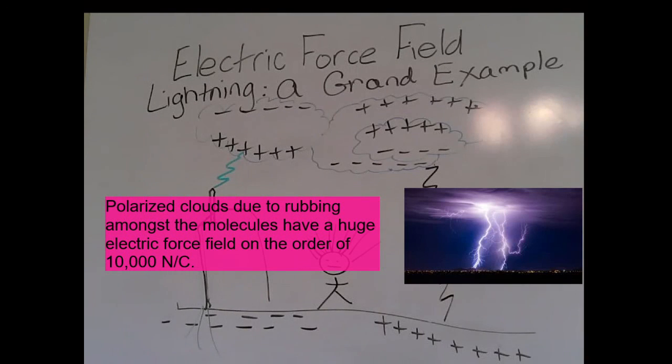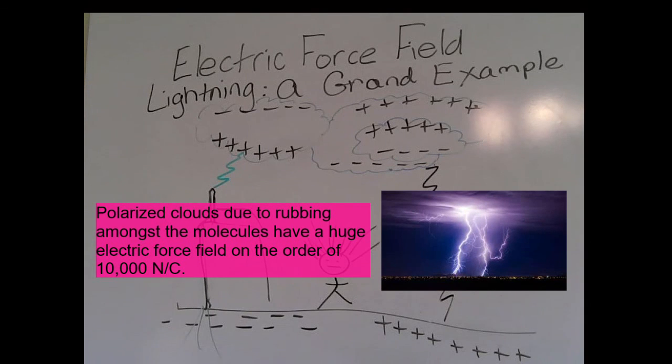A grand example of the electric force field would be lightning. It would be the electric force field that gets created around the clouds during a lightning storm. Scientists believe that in a lightning storm, clouds become polarized with the positive and negative charge separated out due to friction.